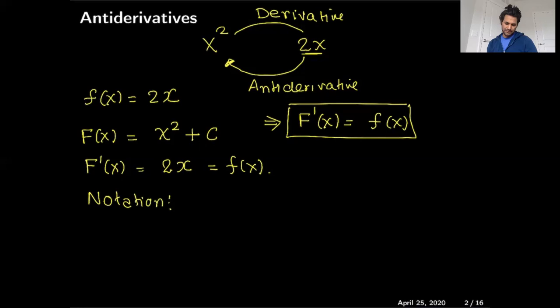The antiderivative is denoted by this squiggly sign, integral of f(x) dx. The antiderivative of that function basically is F(x) plus c.